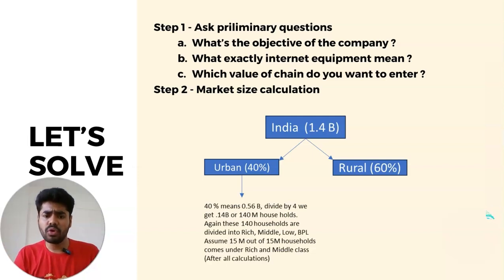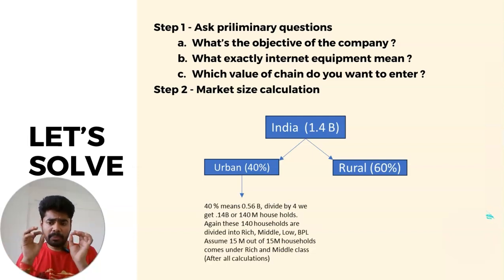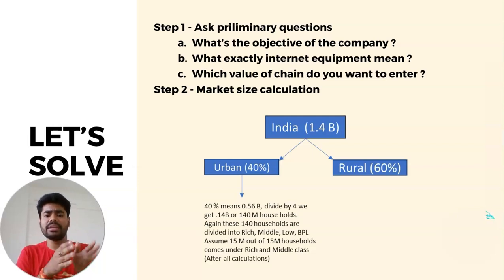So it's your wish how much percentage you consider for each customer segment. Let us assume 20% are rich, 30% are middle class, 30% are lower, and 20% are below poverty line.